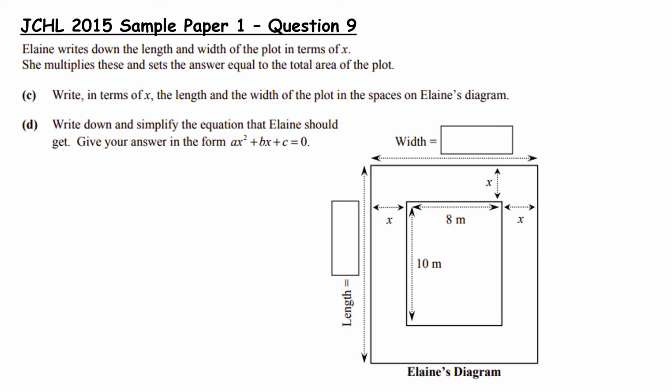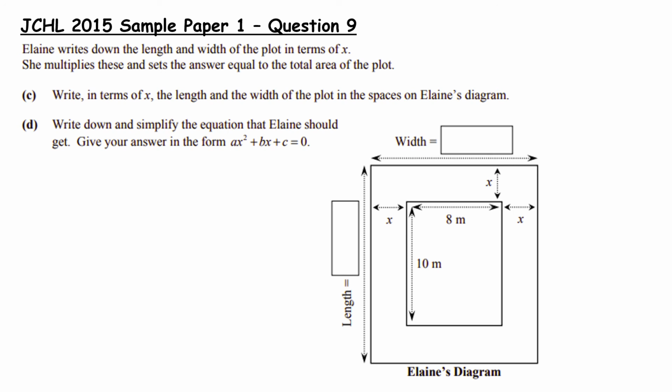So the next part of this question moves on to the next student. Elaine writes down the length and width of the plot in terms of x. She multiplies these and sets the answer equal to the total area of the plot. Write in terms of x the length and width of the plot in the spaces on Elaine's diagram.